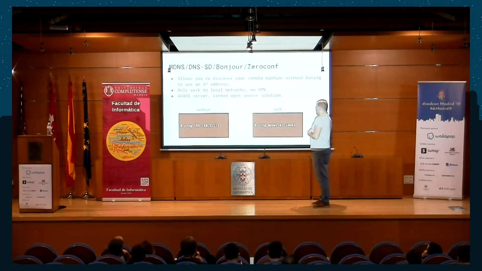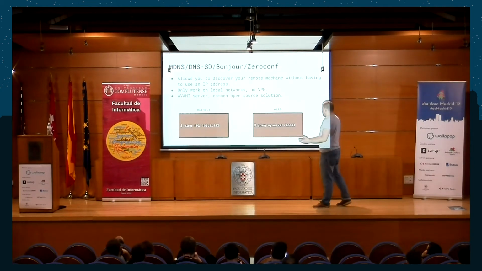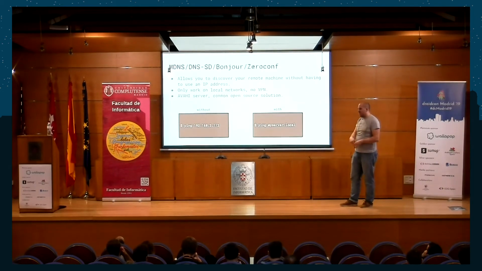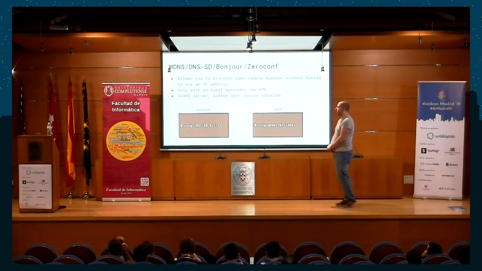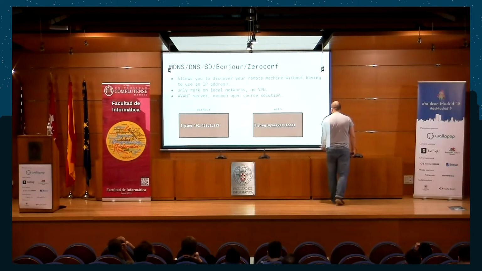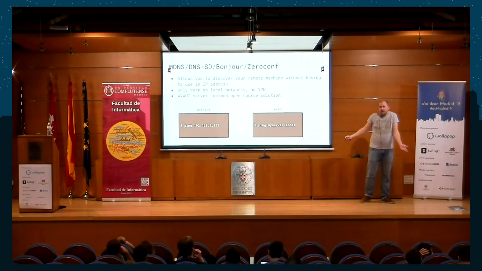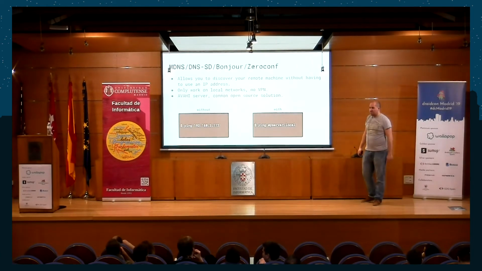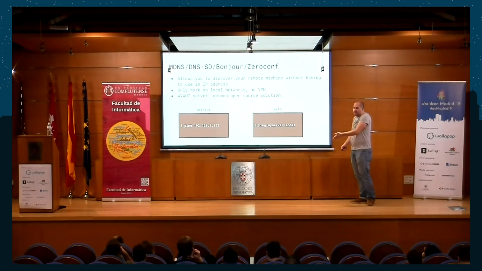So you use this to assign a name. Instead of having a DNS server, you have a distributed DNS server, I think. You can call it that way. Instead of having to write an IP address, you use the name that you want to give to that machine, with .local. A lot of people use this for other things, like discovering printers. If you have a Raspberry Pi, when you install it, you can find it by default by just doing that.